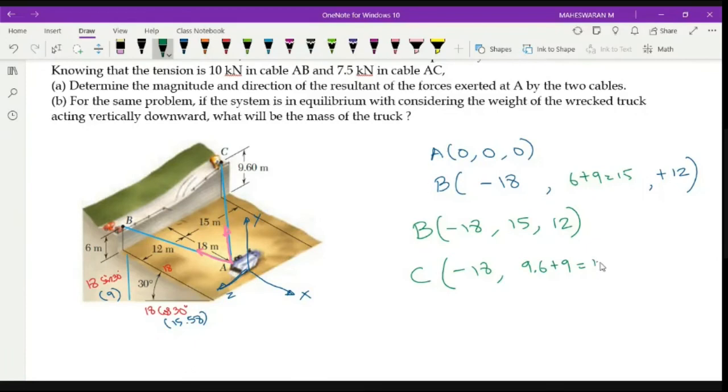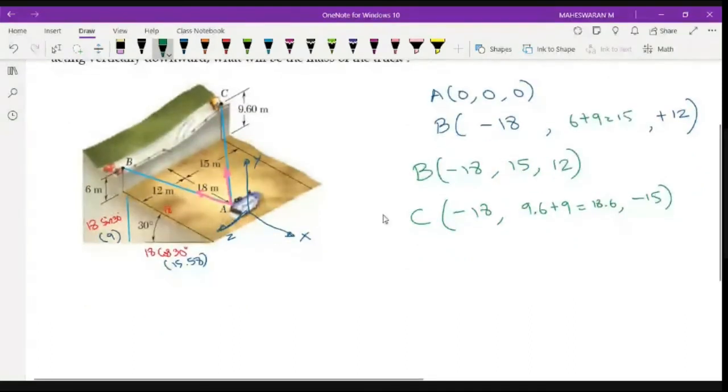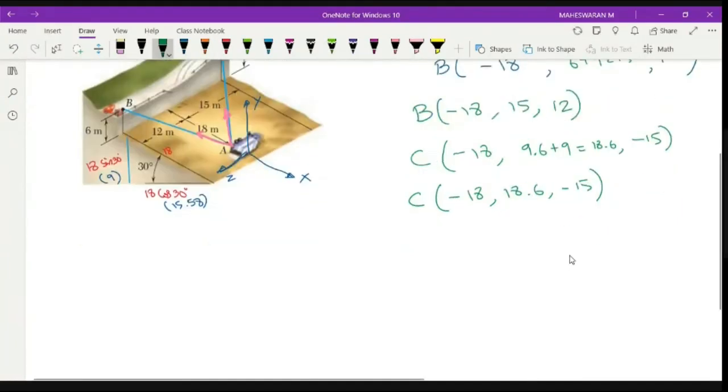You are getting 18.6. And your z-axis is minus 15, on the opposite side. So my C coordinate is minus 18, comma 18.6, comma minus 15. This is my C coordinate.